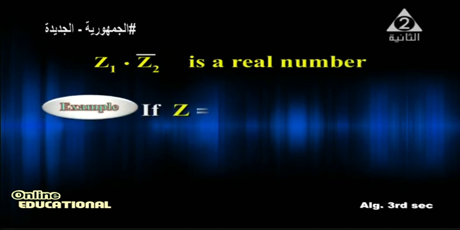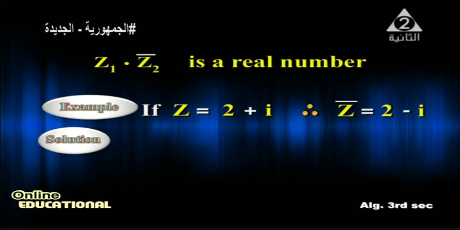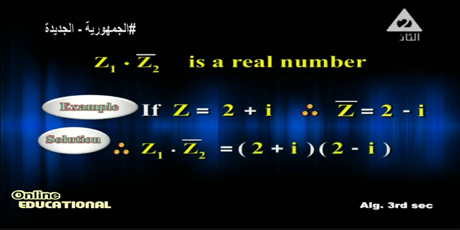z1 times z1 bar is real. Also, z equals 2 plus i. What is the conjugate? 2 minus i. Remember, conjugate: change the sign of the imaginary. z times z bar: (2 plus i) times (2 minus i) equals 4 minus i squared. 4 positive 1.